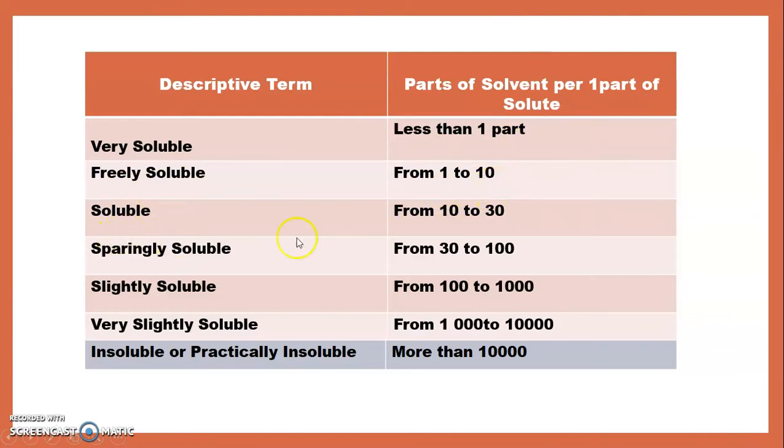Soluble means from 10 to 30 parts. Sparingly soluble means from 30 to 100 parts. Slightly soluble, here the quantity is increased: 100 to 1000 parts. Very slightly soluble means from 1000 to 10,000 parts. Insoluble or practically insoluble means more than 10,000 parts.